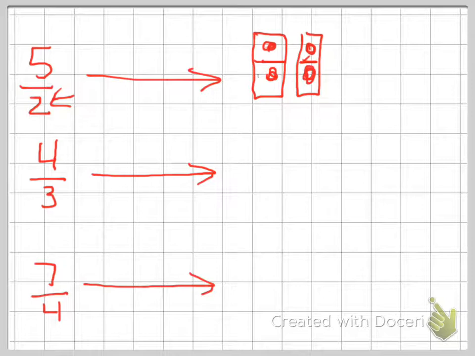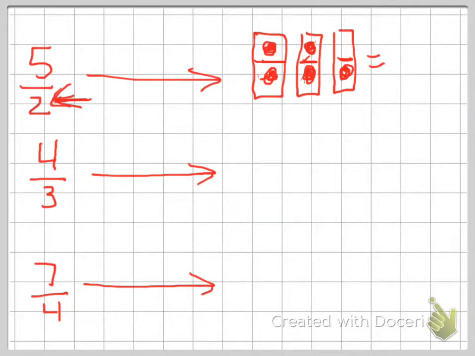Let's see, 1, 2, 3, 4. Oops, I need one more of those. Oh, so now I have 5 halves. Here's a whole thing broken up into 2 pieces. Here's another thing broken up into 2 pieces. So that's 1, 2, 3, 4.